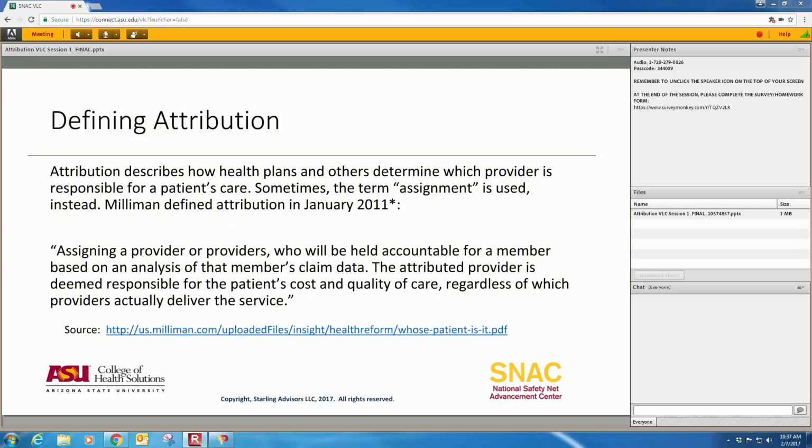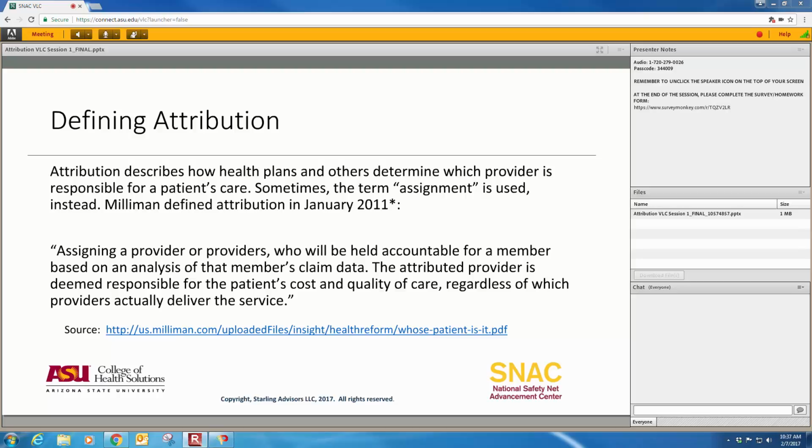So to better define attribution, attribution defines how health plans or others determine which provider is responsible for a patient's care. Sometimes you'll hear the term assignment being used, and a formal definition from Milliman. Milliman is one of the principal actuaries that works with a variety of states throughout the country on their Medicaid program. Attribution is assigning a provider or providers who will be held accountable for a member based on an analysis of that member's claims data.